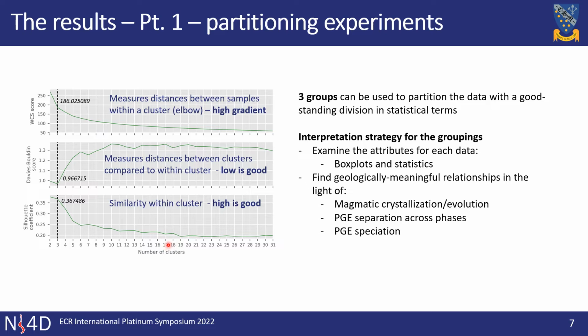Here are the parameters that we use to define that plus a good match. And after that, we proceed into clustering, partitioning the dataset again with the defined number of clusters, in this case 3, and proceeding interpreting the results.